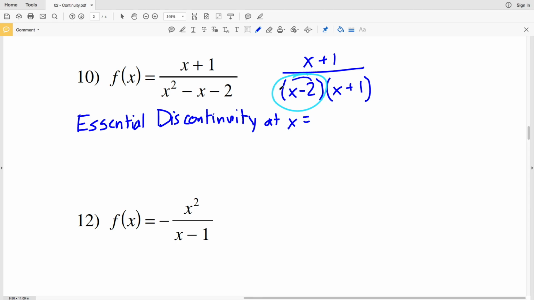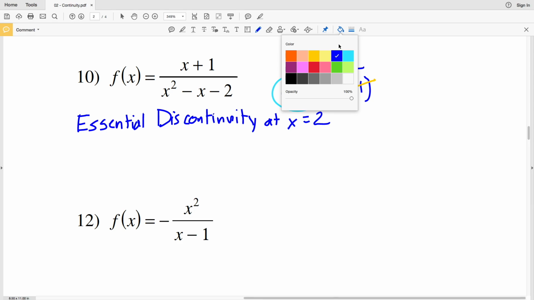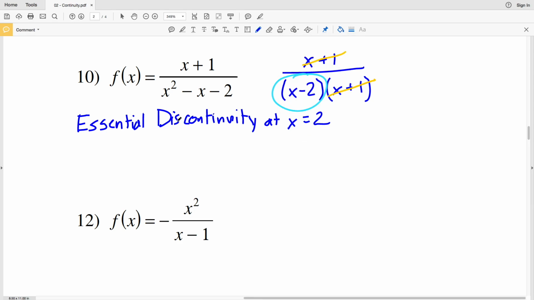And the value of x that makes x minus 2 equal 0 is a positive 2 because 2 minus 2 is 0. So we have an essential discontinuity at x equals 2, and because we can cancel out x plus 1, that's going to be a removable discontinuity.